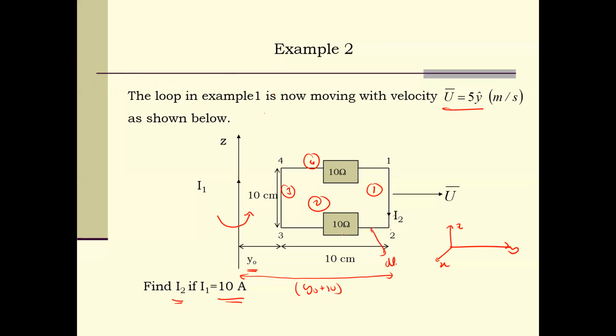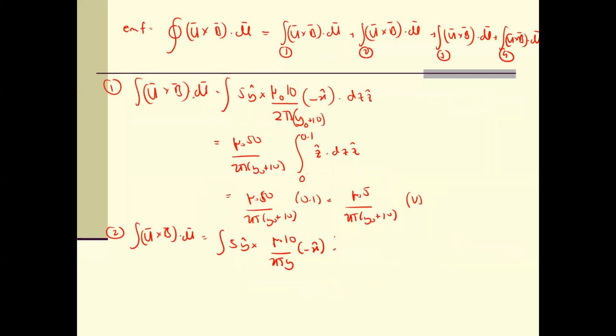As such, Y cross X gives a Z direction, and when the Z direction is dotted with Y, this leads us to 0. So there is no contribution of EMF for side number 2.